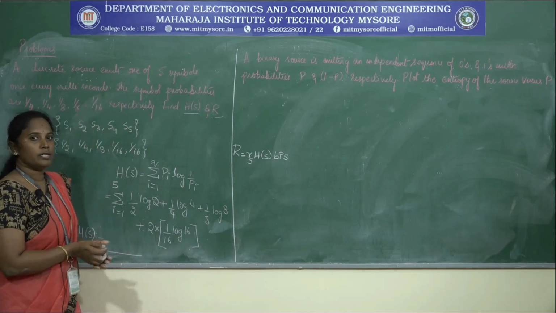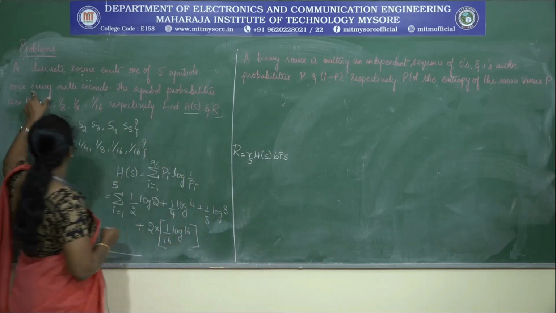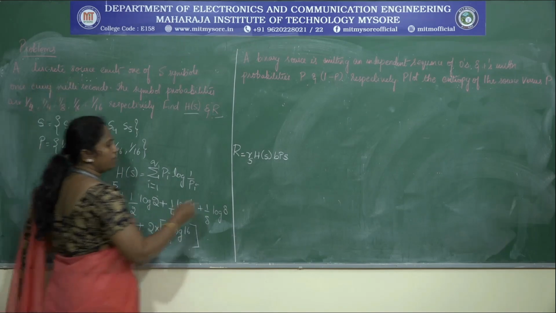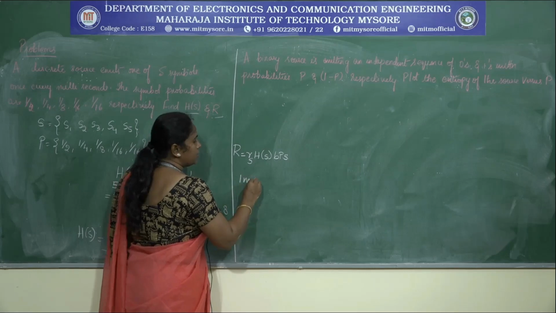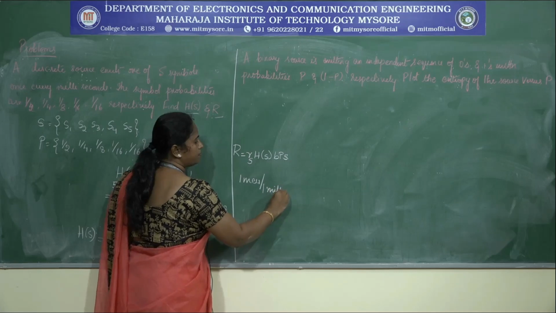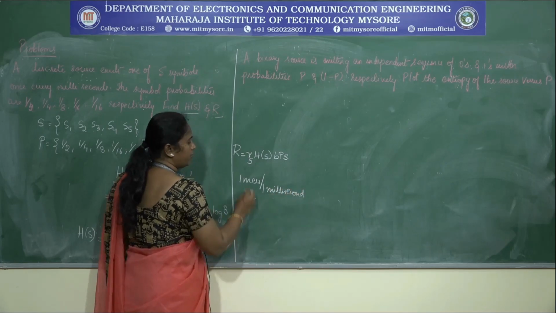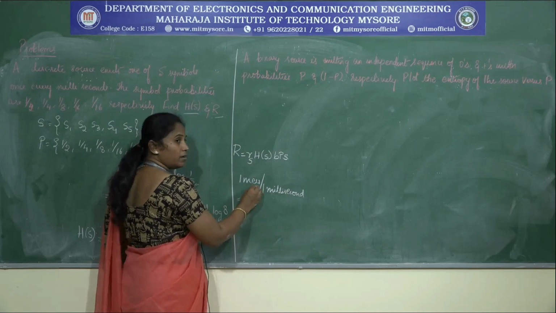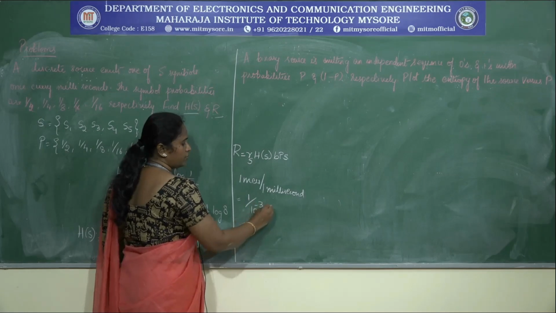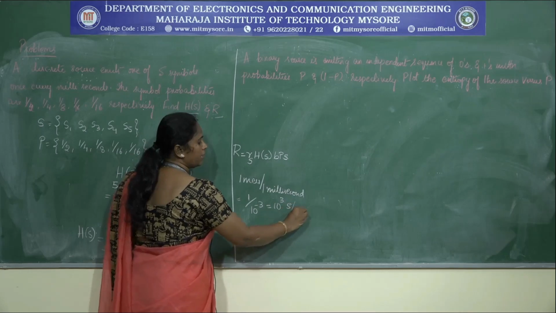That means the symbols are emitted for every 1 millisecond, that means 1 message per 1 millisecond, which is nothing but 1 source symbol divided by 10 to the power of minus 3, which is nothing but 10 to the power of 3 symbols per second.